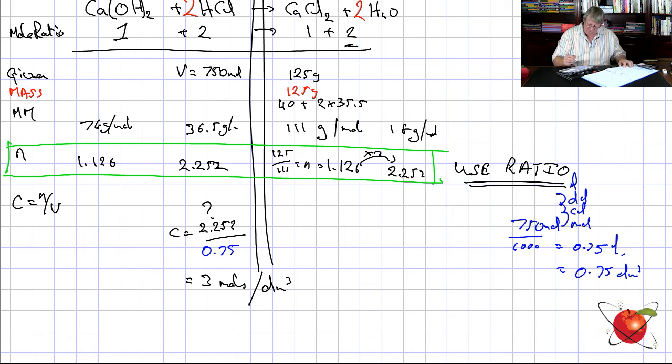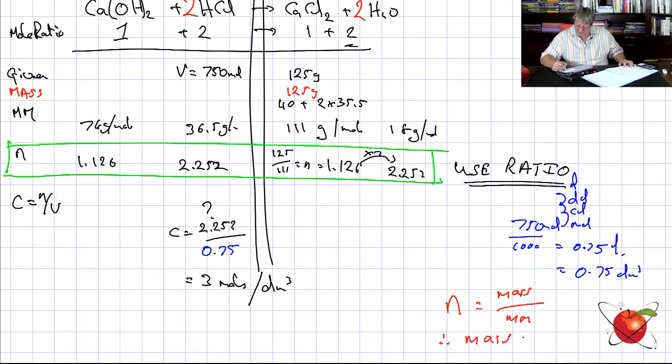We know the number of moles, so I'm going to use number of moles equals mass over Mm. Therefore, the mass is going to be n times Mm. So the mass here is going to be 1.126 multiplied by 74, which is 83.32.